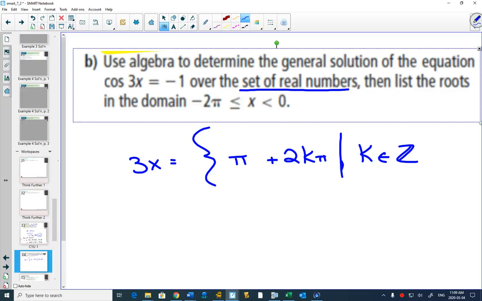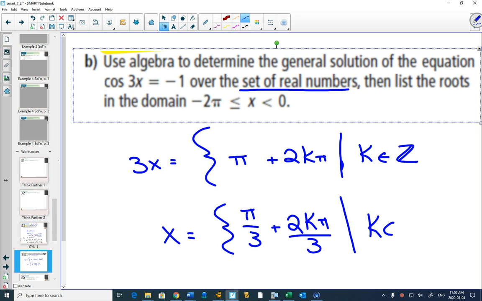Your general solution for x, what would you have to do to get x by itself? Divide everything by 3. That's your general solution. That has all of your answers.